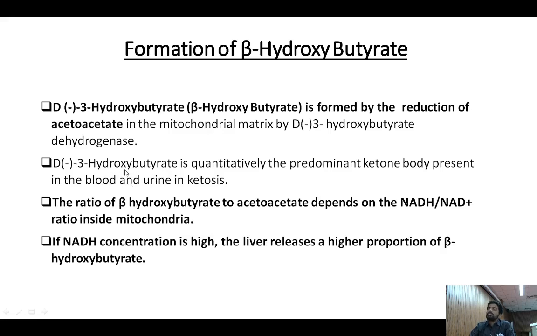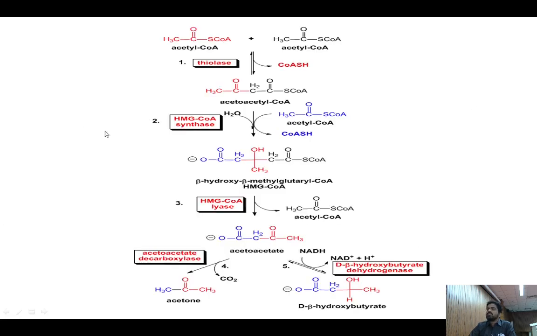How much beta-hydroxybutyrate will be present depends on the ratio of NADH and NAD plus inside the mitochondria. If NADH is more, the liver will release more beta-hydroxybutyrate. We'll see the full pathway. It's easy.